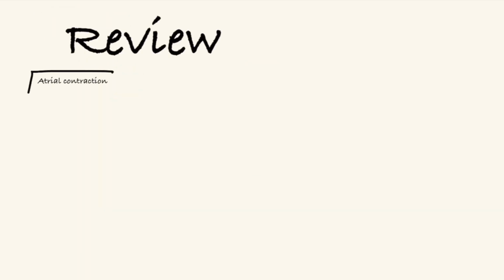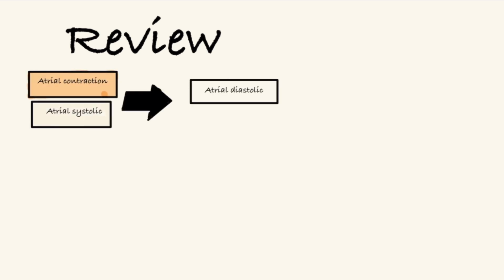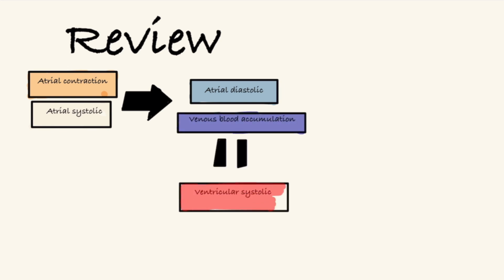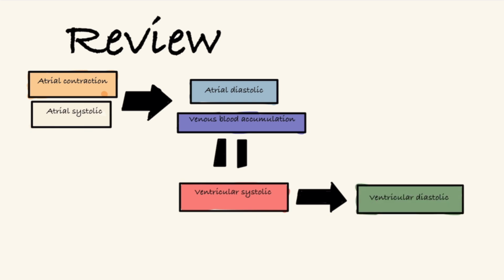In summary, the cardiac cycle consists of atrial systole, contraction, followed by atrial diastole, and ventricular systole, contraction, where the atrium fills with venous blood, and finally, ventricular diastole.